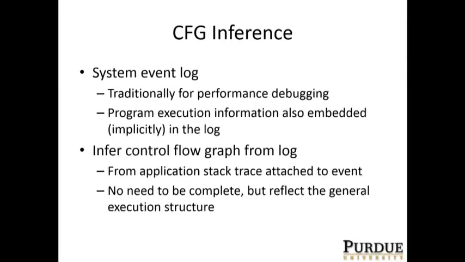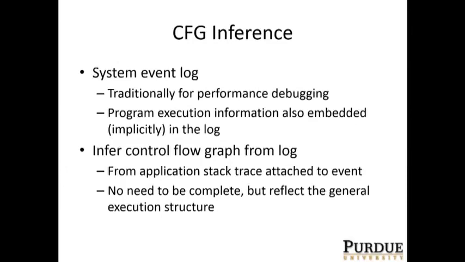Then we'll talk a little about the control flow graph inference module. As we know, traditionally people use the system event log for performance debugging. At the same time, program execution information is also embedded implicitly within the log. So the functionality of this module is to infer the control flow graph from the system event log. In the previous slides, as I mentioned, we leverage the system stack trace to generate the dataset for training and testing.